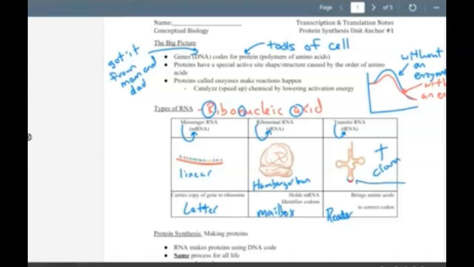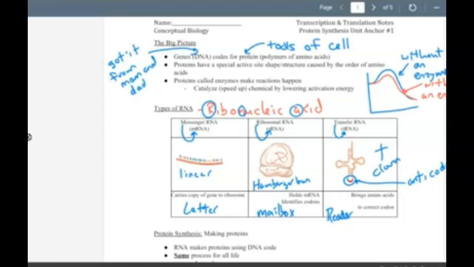These three special colored ones are what are called the anti-codon. Anti is a prefix that means against or opposite. So the anti-codon is the opposite of the codon. Well, what's a codon?